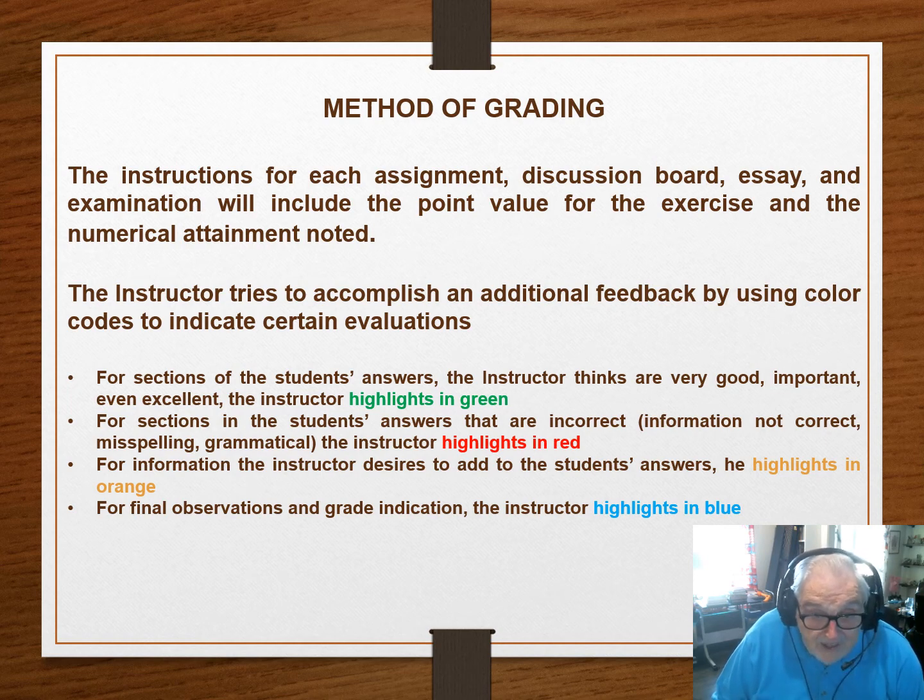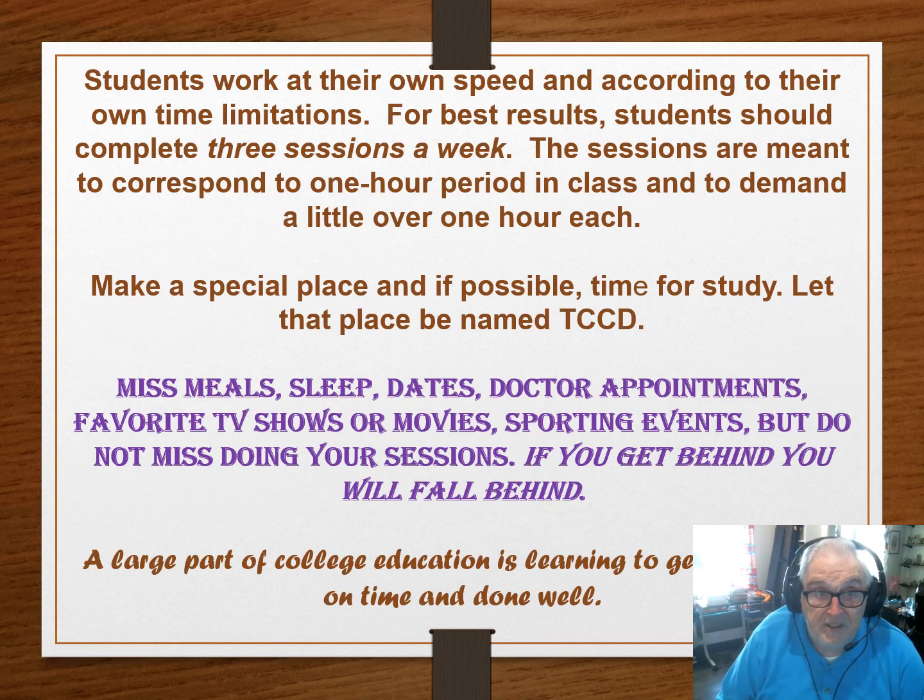Should I find something that's incorrect, information, misspelling, grammar, I will highlight it in red. For information I want to add to your answer, and often I see that, I will highlight it in orange. My final observations and the grade indication, I will highlight in blue. This gives you a little bit of additional feedback.